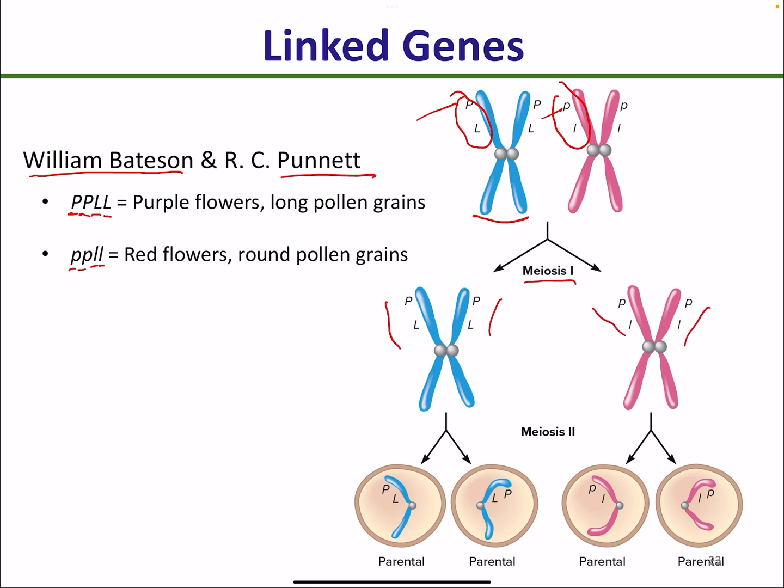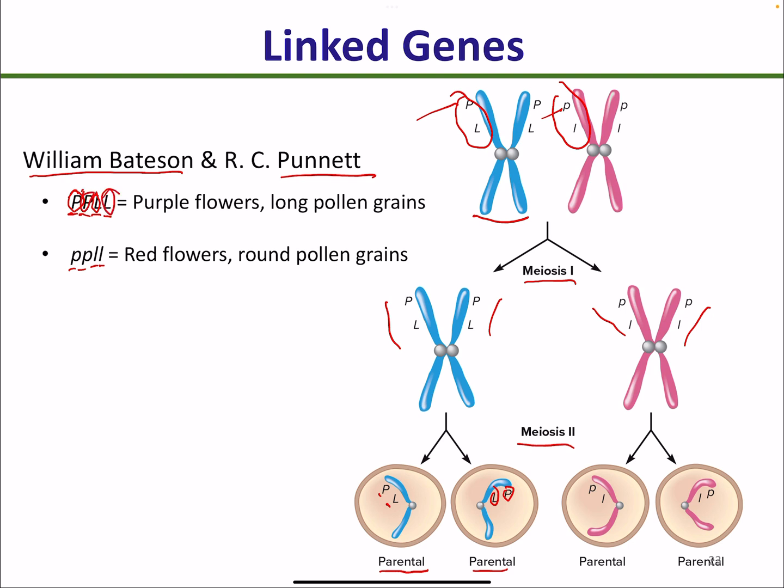During meiosis 2, every single gamete has a parental genotype: capital P, capital L for this one, and another capital P, capital L for this one here, right?